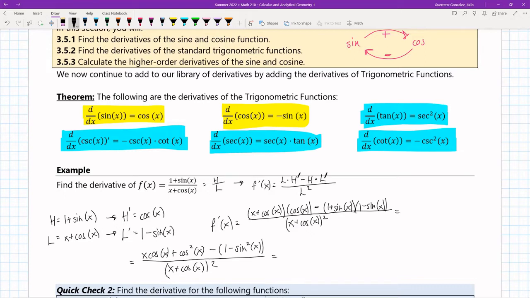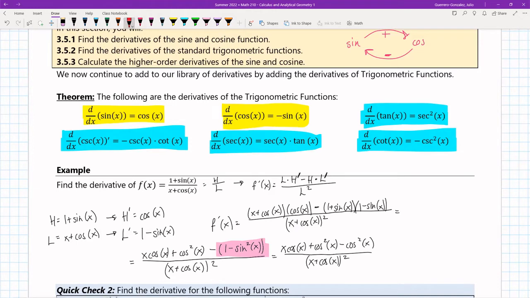This thing right here, that is equal to cosine squared of x. That's one of the Pythagorean identities. So x cosine of x plus cosine squared of x minus cosine squared of x, all over x plus cosine of x squared.